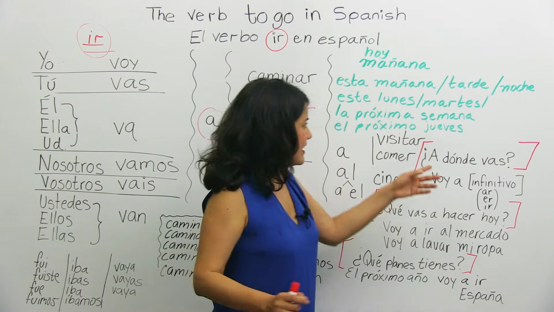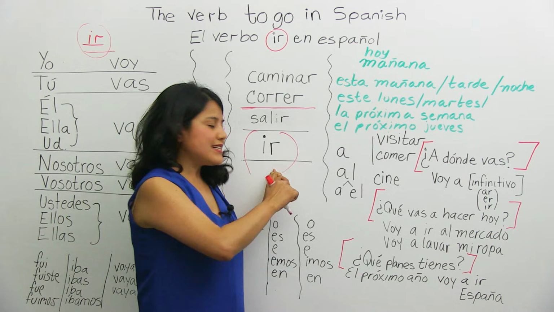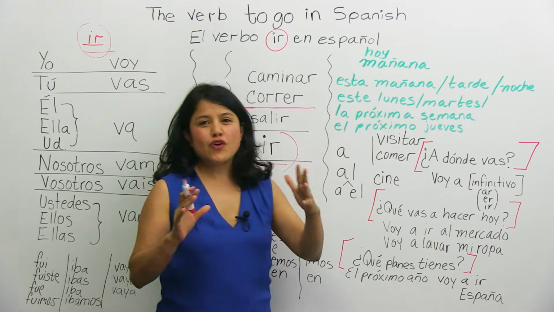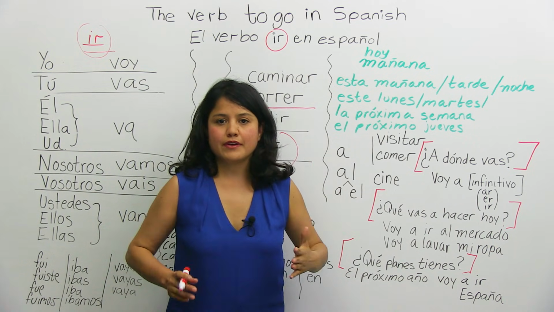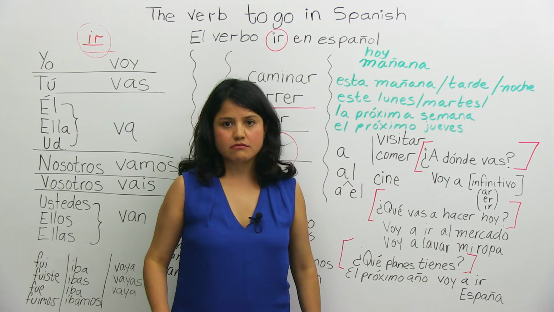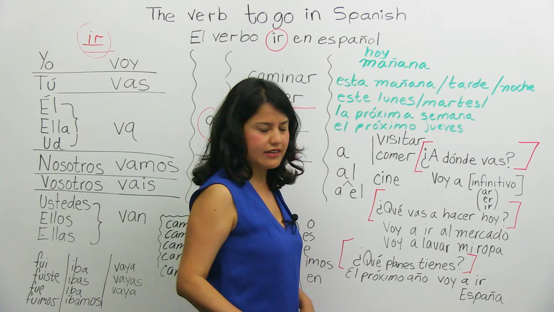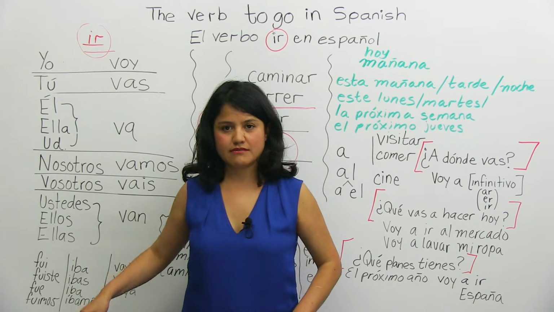Well, the difference is that when you're going to specify voy a ir, you have to use a time frame. So, for example, right now, voy a leer. I'll be back because I'm going to read. I'm going to stop my class right now.